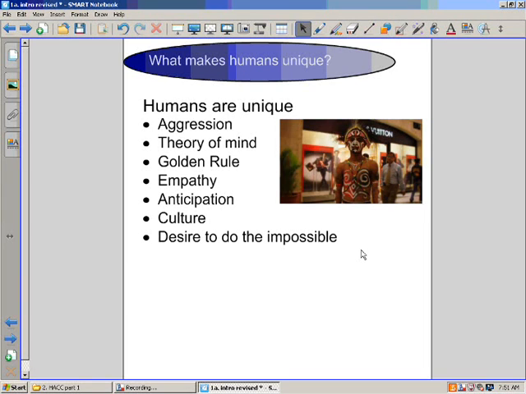So humans share characteristics of life with all other living things. But humans can be aggressive in ways that your dog can't. For example, we could have an unmanned drone bomb a country thousands of miles away. That's just a different kind of aggression. It's a level of aggression to which your dog will never be able to attain.